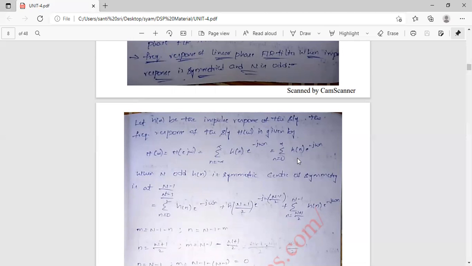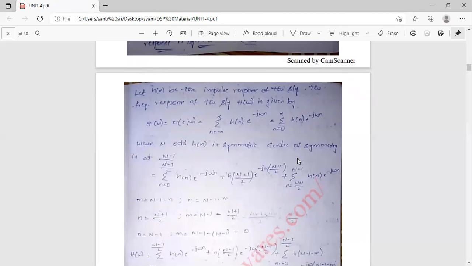Here let n equal to N minus 1 minus m. When n equals N plus 1 by 2, then m will become N minus 1 minus N plus 1 by 2, which is N minus 3 by 2. And when n equals N minus 1, m will become 0.